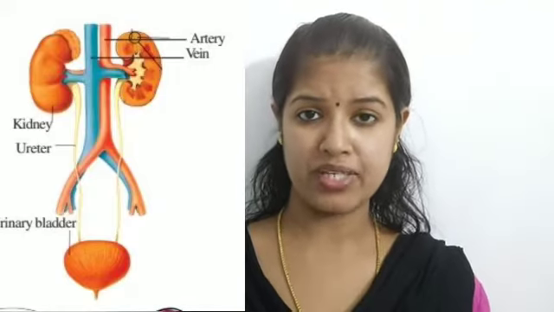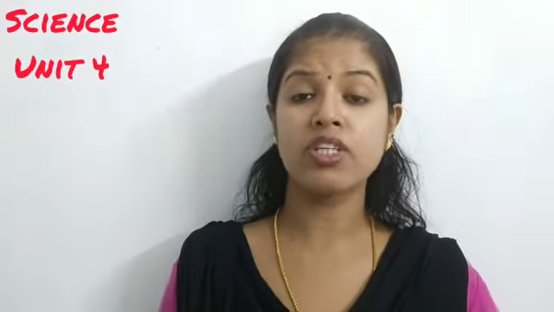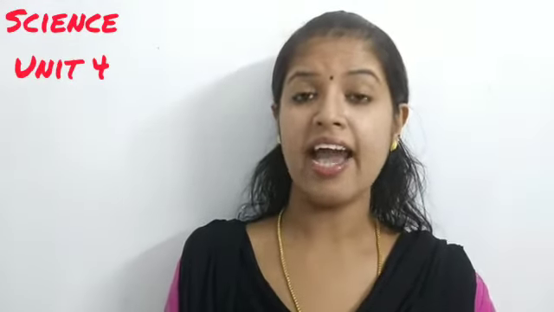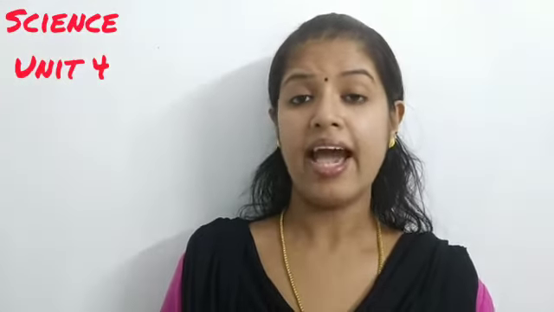So what are blood vessels? They are tubes or pipes for the blood to flow from one area to another. What is the function of these blood vessels? The kidney has two blood vessels, the renal artery and the renal vein. The renal artery carries blood to the kidney and the renal vein carries blood away from the kidney.